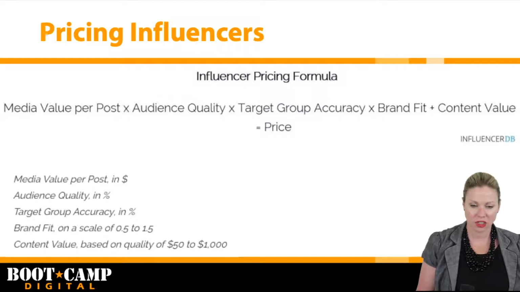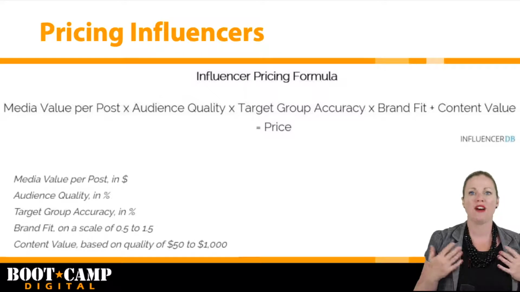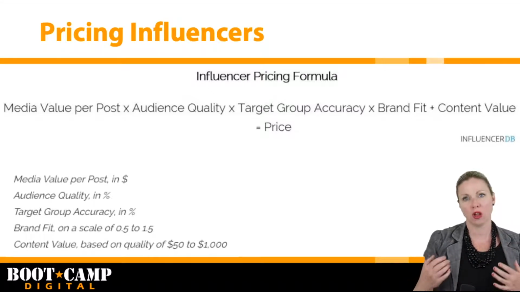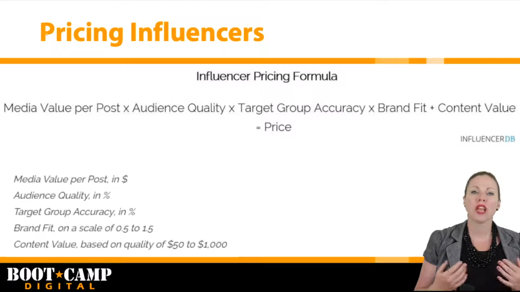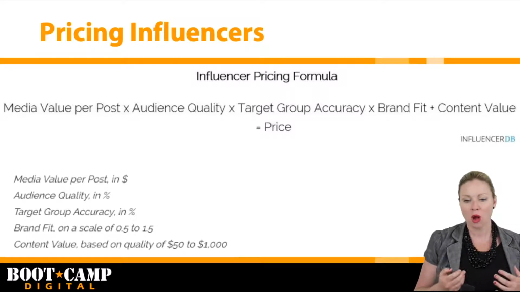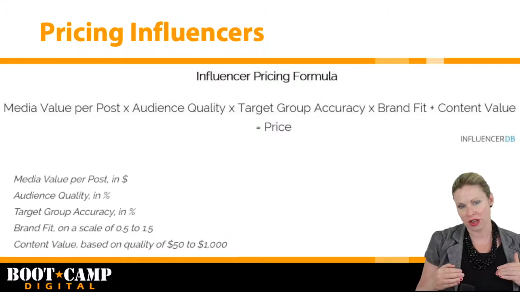The next thing to look at is the target group accuracy. Here's where you want to say, okay, if I know I want to reach people like this, what percent of this person's followers are really like that? Let's say I'm working with a fitness influencer and I want to hire her to promote my women's yoga pants. Well, my target audience is women between 20 and let's say 35.